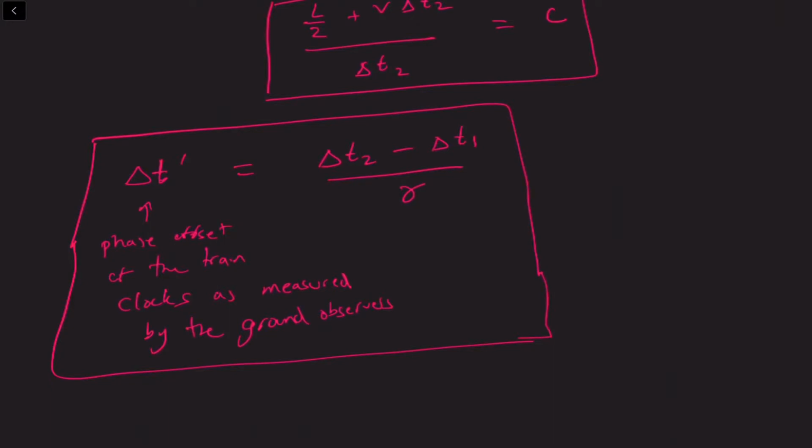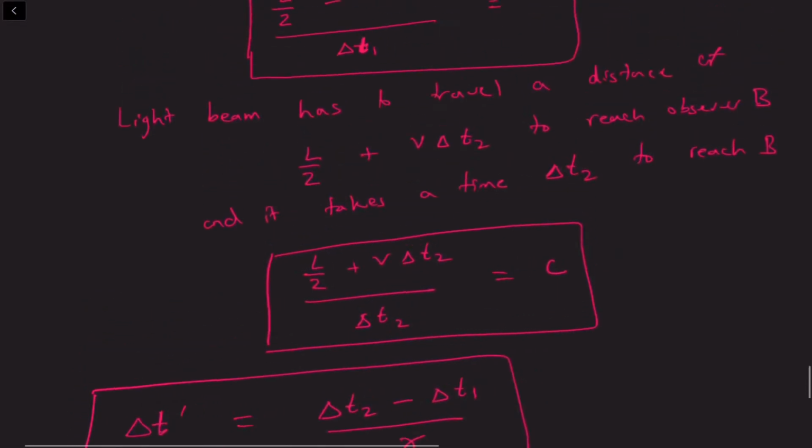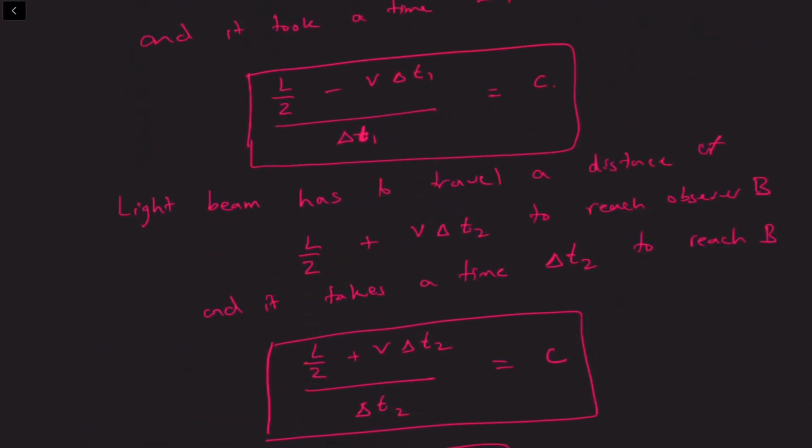So now we can use the earlier equations that we had used to calculate the light travel time from the source to A and B. We can use this equation to solve for delta T1, and you can see that this is very simple. What we would get would be delta T1 is equal to L over 2 divided by c plus v.